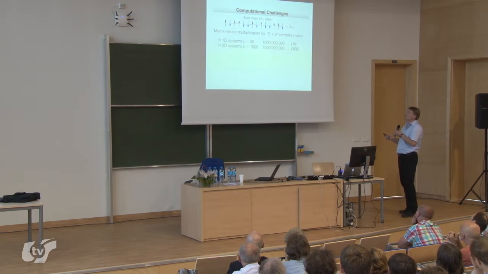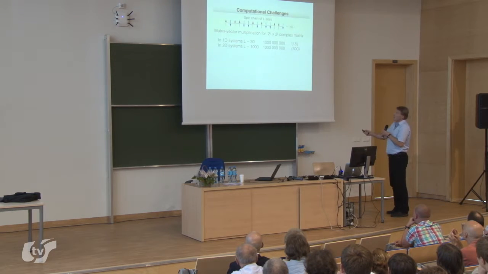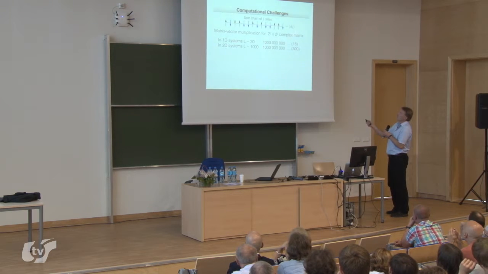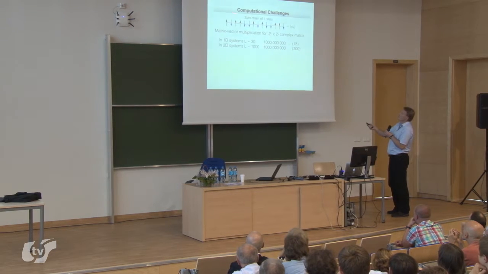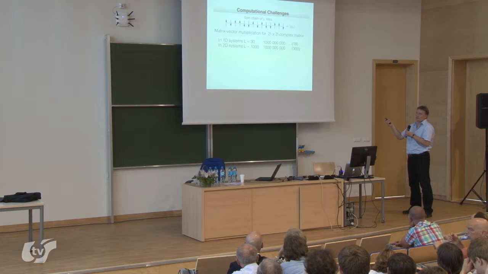The only problem is that these matrices are huge. For L qubits, we need matrices with dimension 2^L times 2^L. So for what we can study in one-dimensional systems, if we are interested in thermalization of spin systems, let me say again that D-Wave is one example of a spin system.